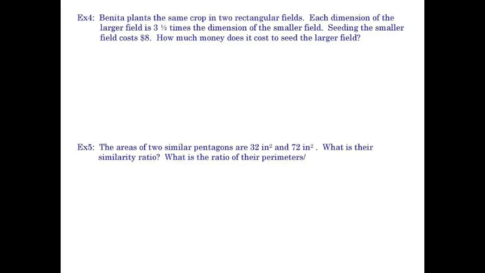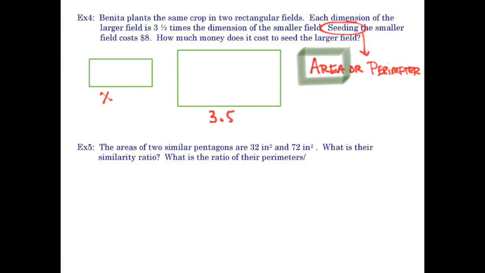Okay. If we look at the next ones, we have some rectangular fields. We're talking about seeding them, and we need to think about whether we're looking at the area or the perimeter. Well, I want to figure out the area because I put seed over the area, not just around the edges. That's where the fence would be. I can set these up, and I have my two rectangles, and I know that one is 3.5 times bigger than the other, on both dimensions. That's going to give me how the area works out.